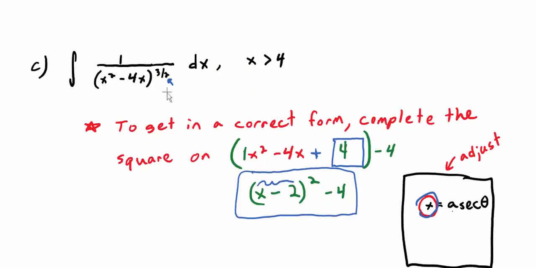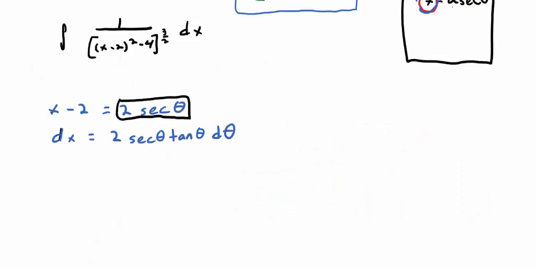So let me rewrite this as the square root of 1 over this guy. We completed the square on x squared minus 4x, got x minus 2 quantity squared minus 4, and we'll put that whole thing in brackets and then bring it to the 3/2 power. So all I did was rewrite the integral.